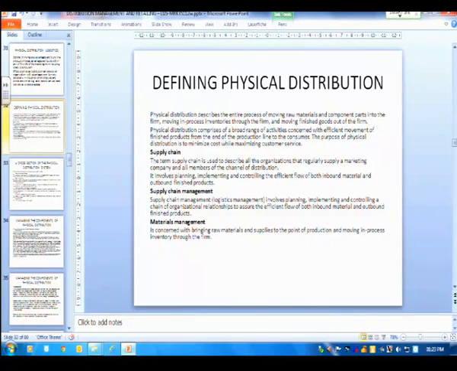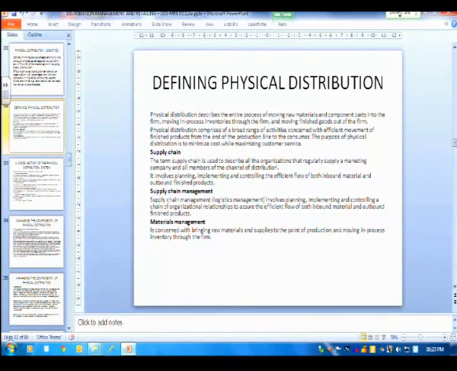Supply chain management, commonly also known as logistics management, involves planning, implementing, and controlling a chain of organizational relationships to assure the efficient flow of both inbound material and outbound finished products.